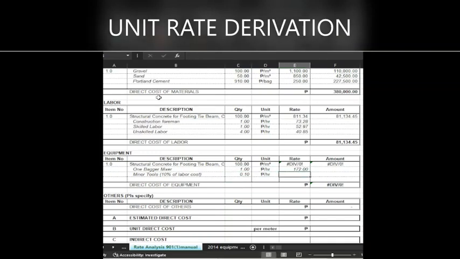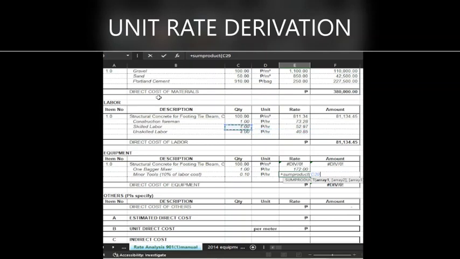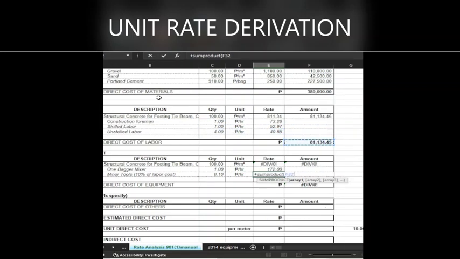Then we have labor cost, which is some product also of the labor. Remember, guys, you cannot get directly from here because this is the total quantity. This is the amount of labor for the total quantity of concrete.